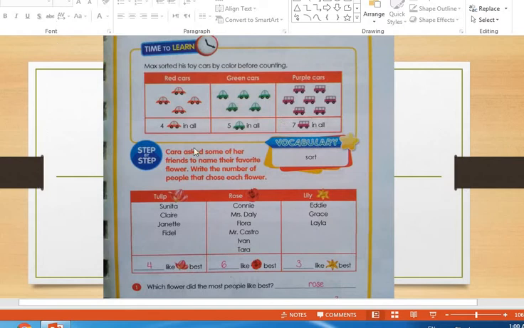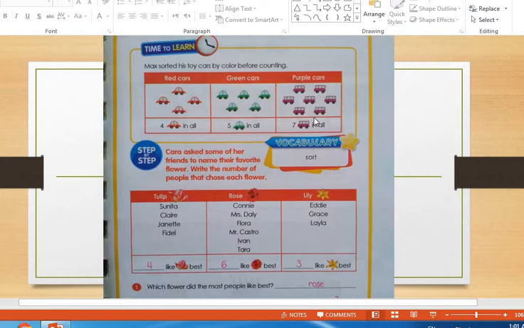If I ask you a question now, which color car does Max have the most? 7 here, so the answer will be the purple color.